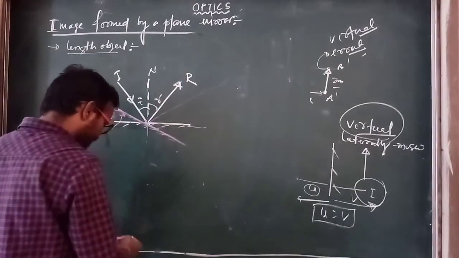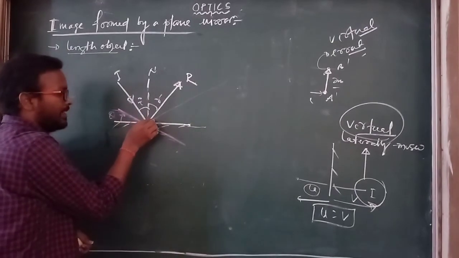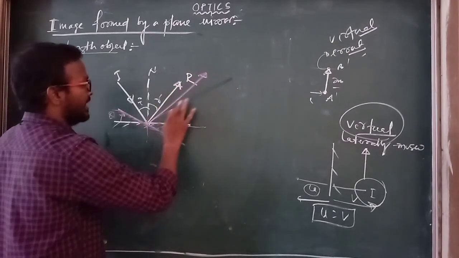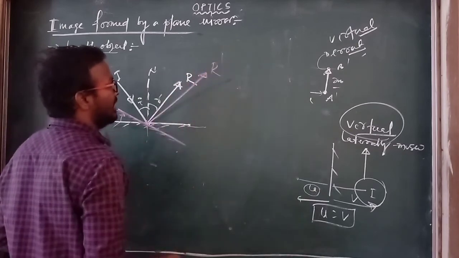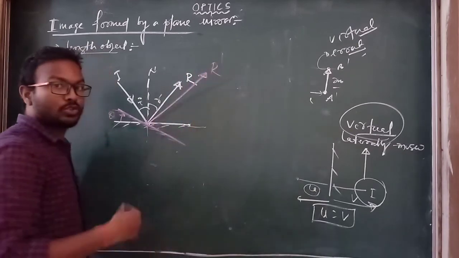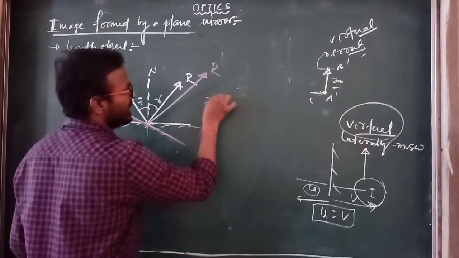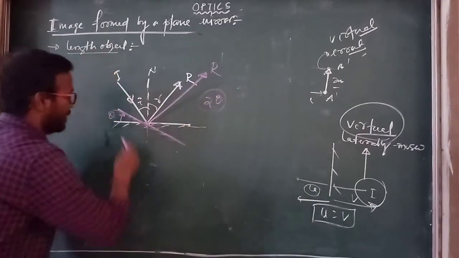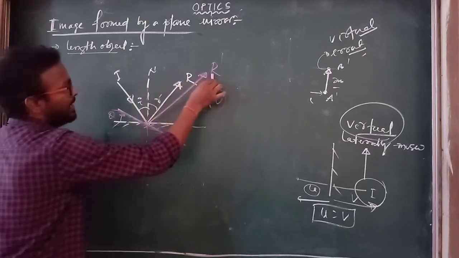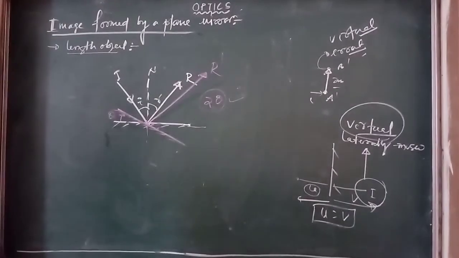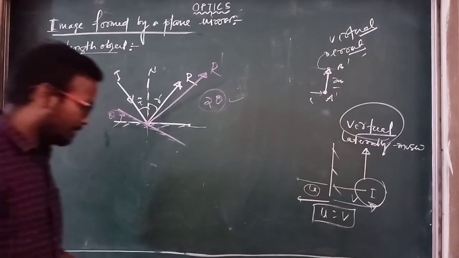This is the new reflected ray due to rotation of the plane mirror, and it rotates by 2 theta. If you rotate the mirror by angle theta, the reflected ray rotates by 2 theta. This is another property of a plane mirror.